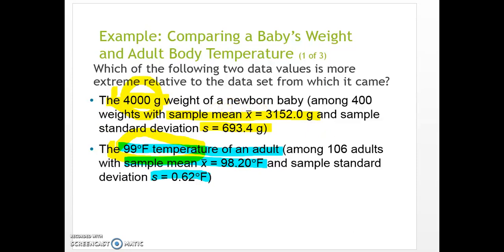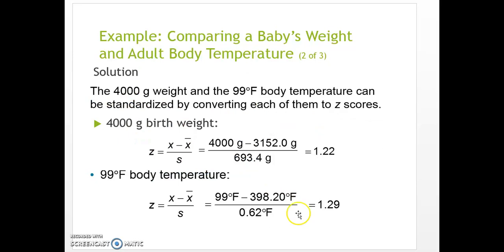Of course, a baby's weight cannot typically be compared with an adult temperature, but we can see which one is more extreme by comparing the z-scores. So let's compute the z-score for the baby weight, and also for the adult temperature, using the formula.